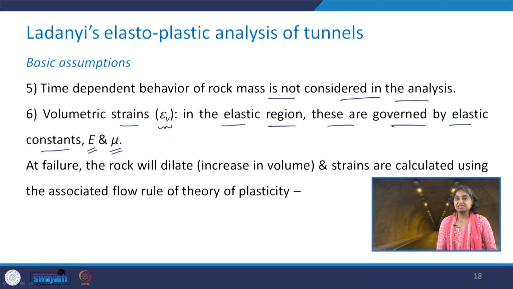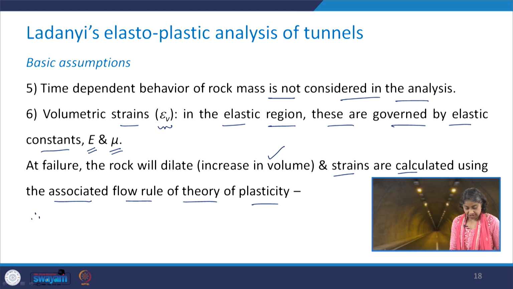But what happens at failure? At failure, this rock will dilate. What do we mean by dilation of the rock? It means that it will increase in volume, and therefore the strains are calculated using the associated flow rule of the theory of plasticity. Take a look at how this is.